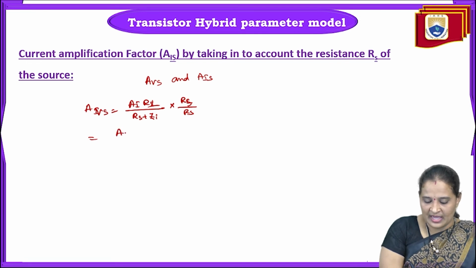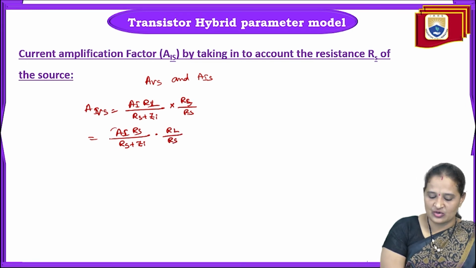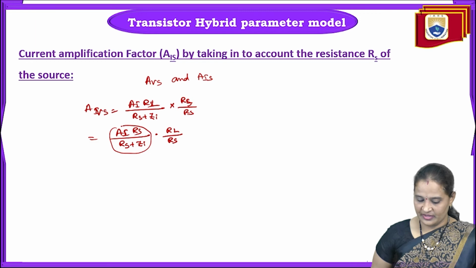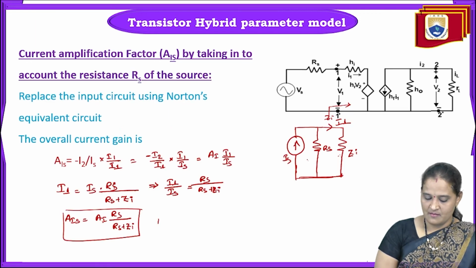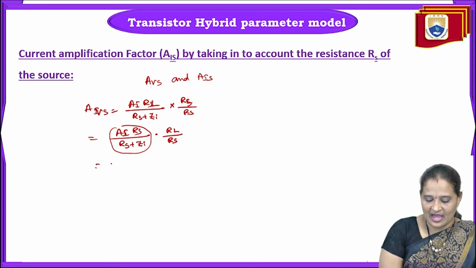So now AI into Rs divided by Rs plus Zi, into RL by Rs. Right? According to the previous result, AI into Rs by Rs plus Zi is nothing but AIS.